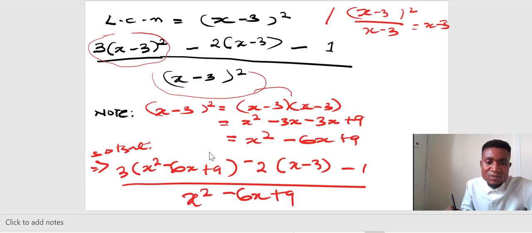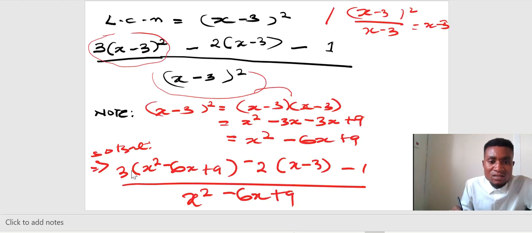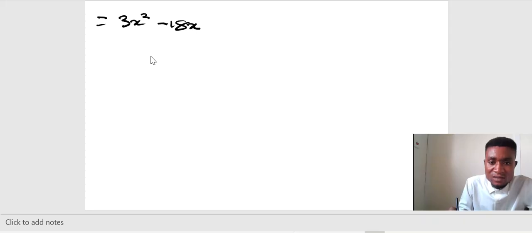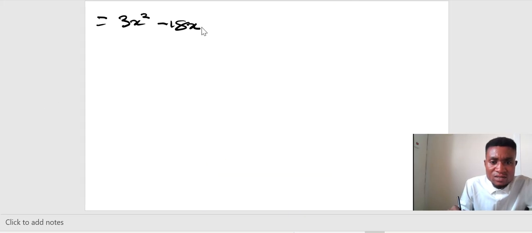Now, 3 multiplied by minus 6: 3 times 6 is 18, so we have minus 18x. 3 multiplied by 9 gives us 27, so we have plus 27.